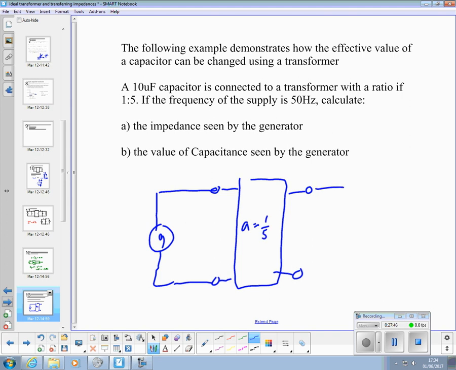Then we've got this capacitor here, that's 10 microfarads, which works out at that frequency to 318 ohms.